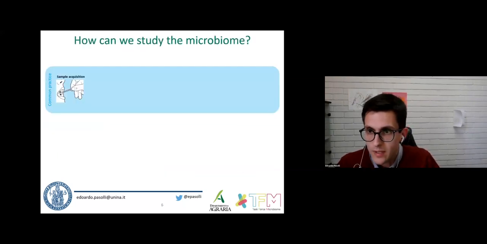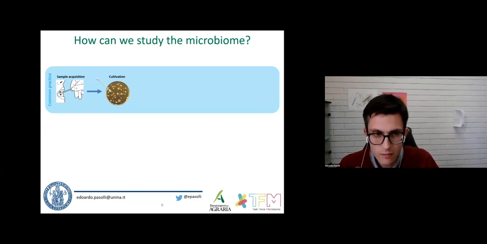So how can we study the microbiome? The study of the microbiome started a long time ago. If we see this from a clinical perspective, but this can also be applied to other applications, the traditional way is getting the sample.